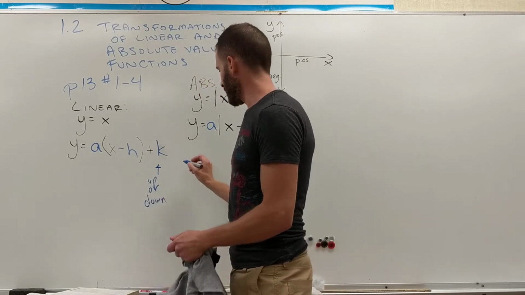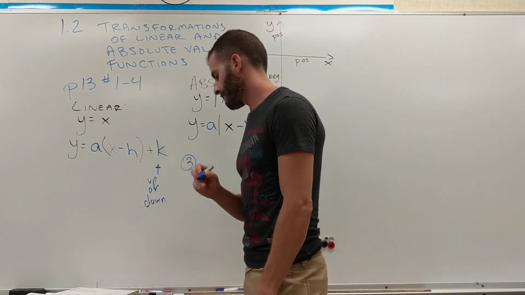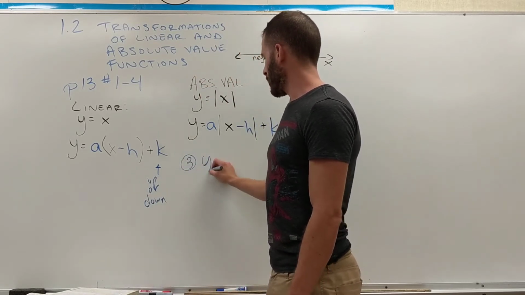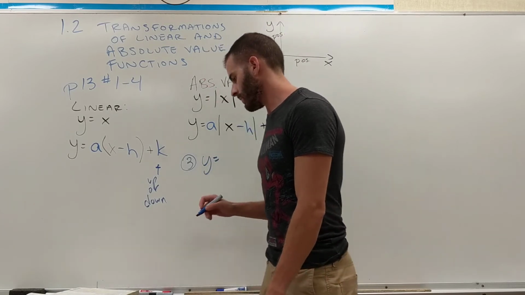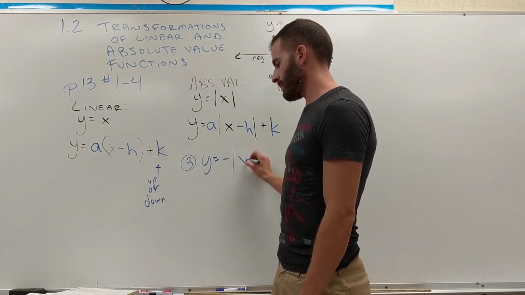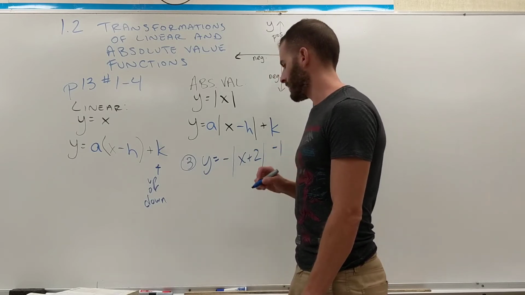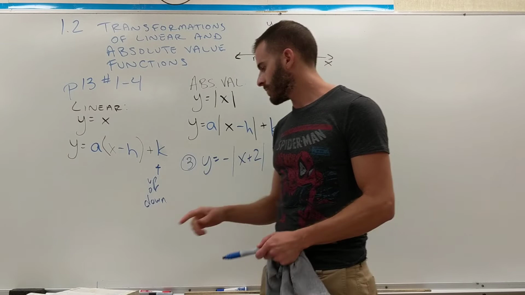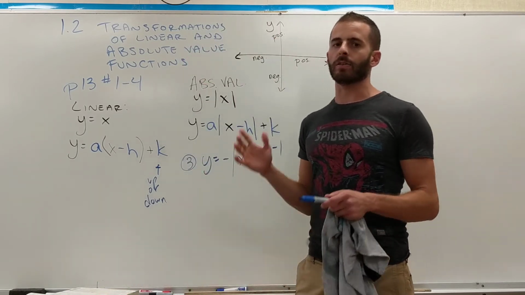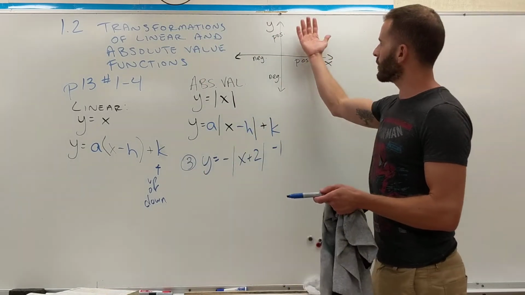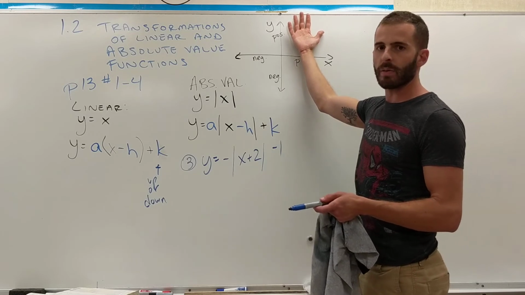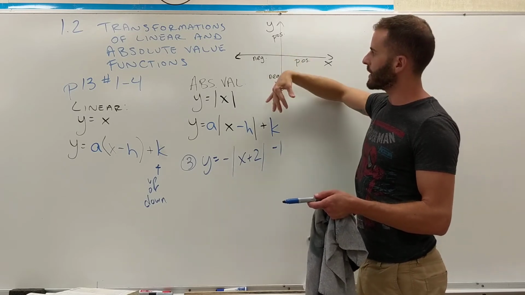All right, number 3. The question is y equals negative the absolute value of x plus 2, minus 1. And it's telling us to reflect it in the x-axis. All right, this is really weird, but we want to reflect it in the x-axis, so that means we want to flip it up and down.